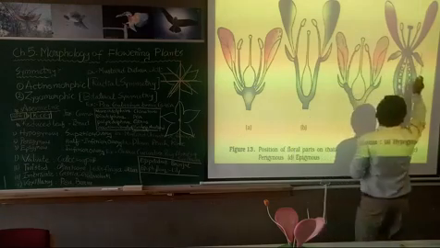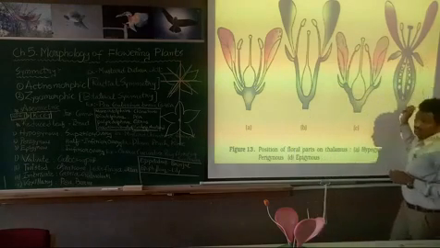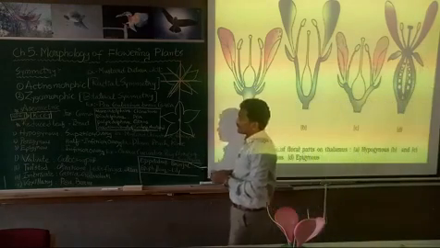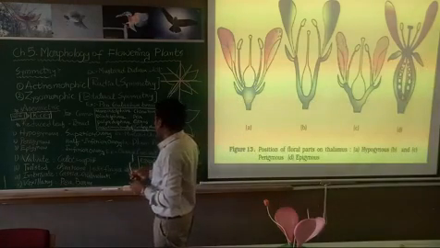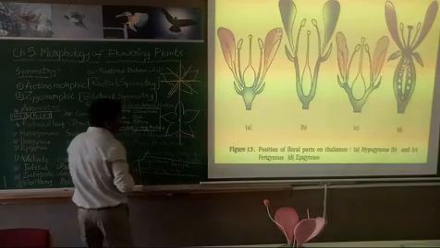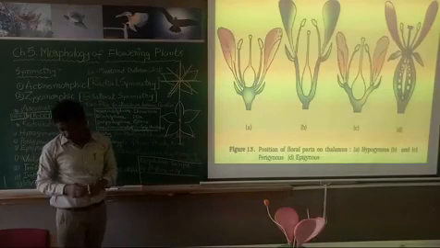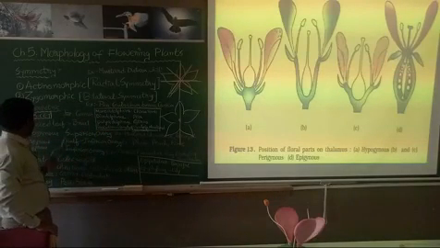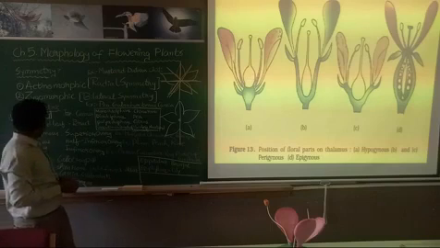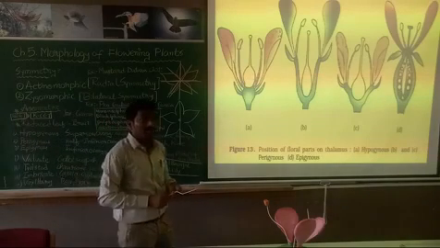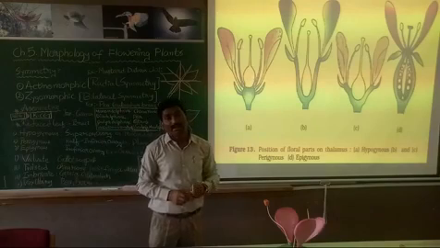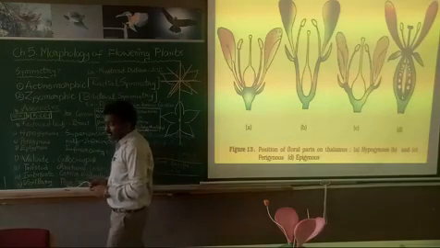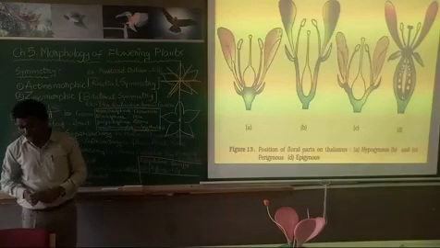So here you can see in this diagram very clearly, this kind of nature can be seen in some flowers such as guava, cucumber and ray florets of sunflower. In all these three plants, we can see inferior ovary, or the gynoecium is epigynoecium. The phenomenon is epigynous.